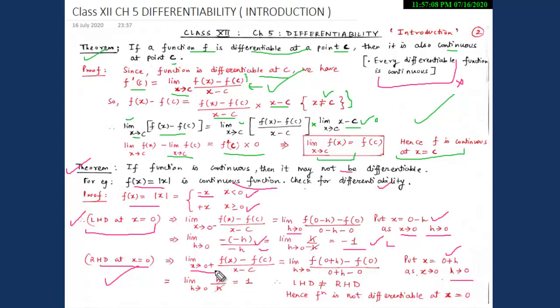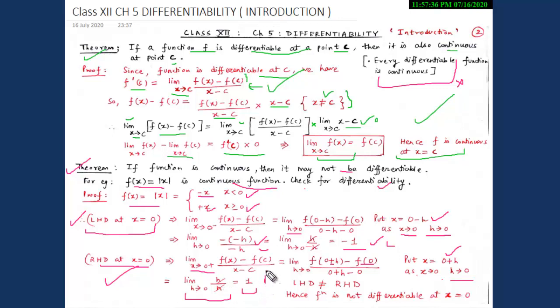Therefore limit h tends to 0, (f(0 + h) - f(0)) / (0 + h - 0), because we know that the value of c is 0. We know that f(0 + h) will be equal to h and f(0) will be equal to 0. So we get limit h tends to 0, h upon h, which equals 1.